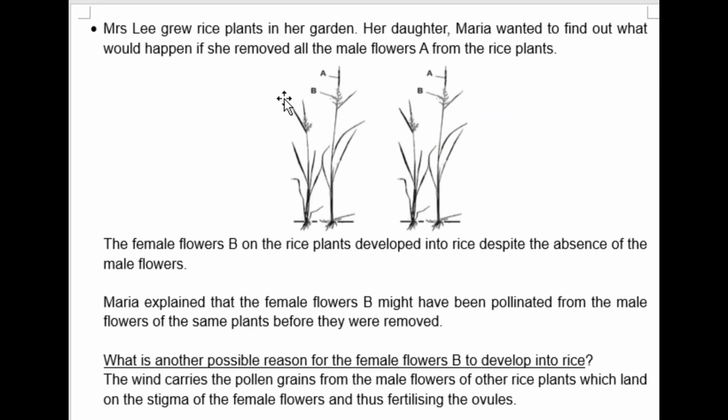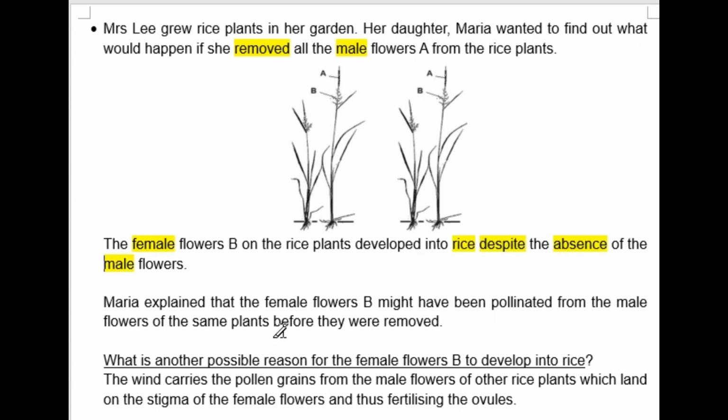Mrs. Lee grew rice plants in her garden. Her daughter, Maria, wanted to find out what would happen if she removed all the male flowers A from the rice plants. The female flowers B on the rice plants developed into rice despite the absence of the male flowers.